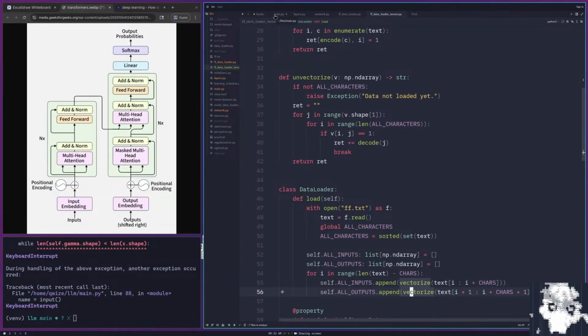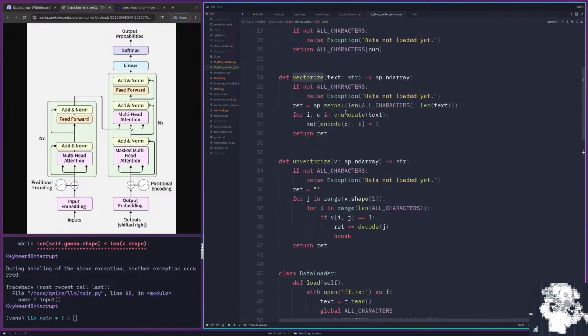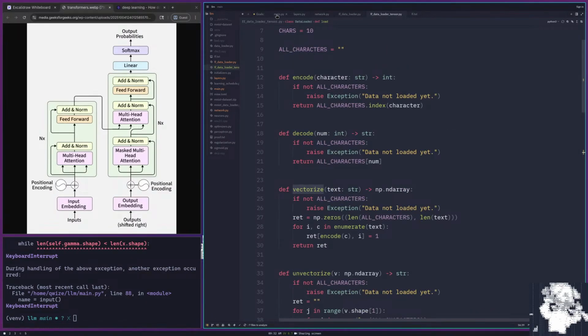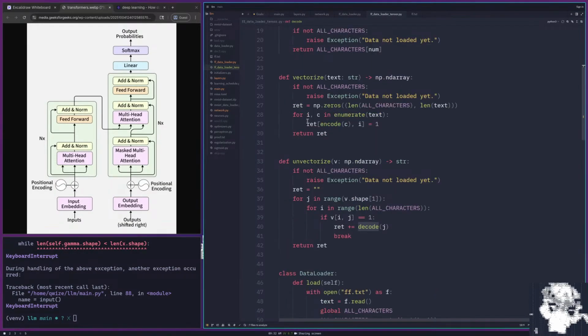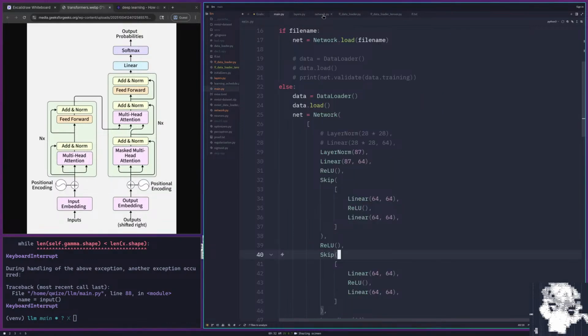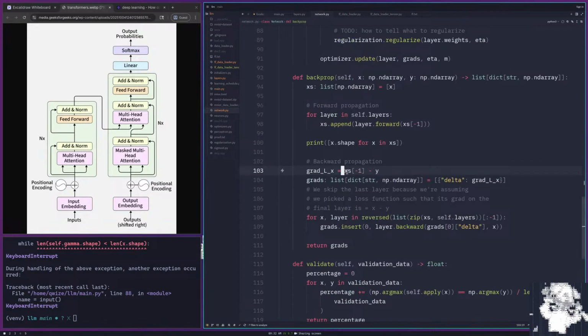Then I think that might be all we need to do, because now this should just work, I would think.